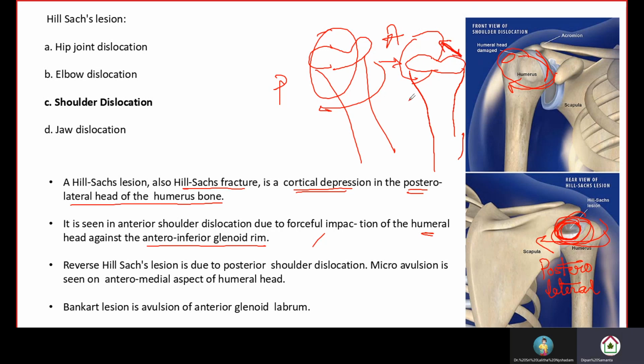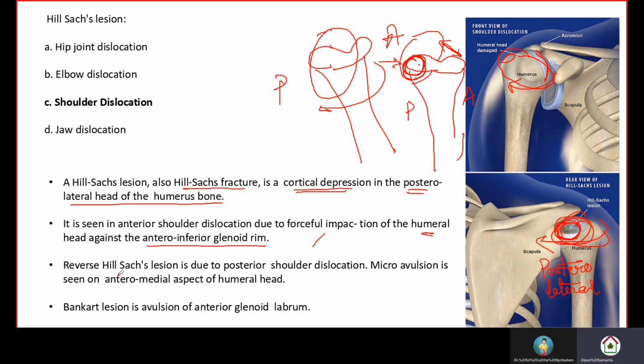So when anterior dislocation occurs, the posterior head of the humerus forcefully hits the anterior inferior glenoid rim, and this damage occurs.